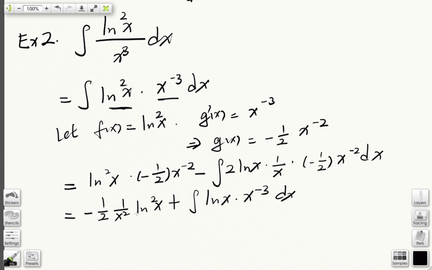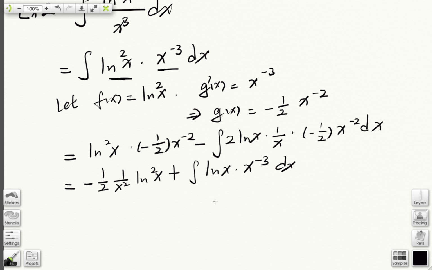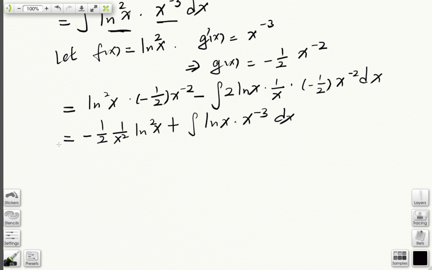Right. So you see, from here to here, we actually reduced the power of ln of x from 2 to 1, which is kind of a successful process. So we can continue doing so, and we have to copy the first term and use integration by parts on the second term again. So in this case, f of x is just ln of x.